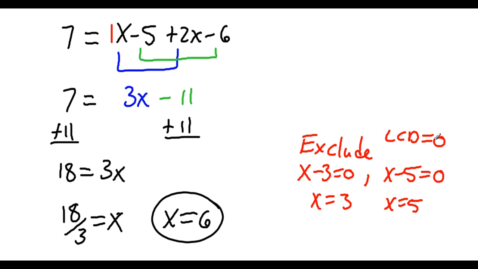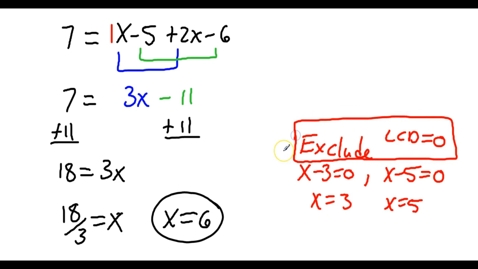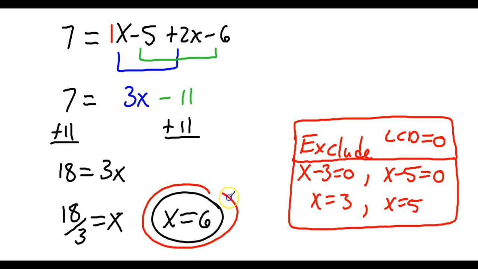We said you could go back and plug this number back in and check it. The easier way to do it is whatever the least common denominator was, you had to exclude that equal to 0. So we had to exclude x equals 3 and x equals 5. x equals 6 was good. So that answer stands, and that's all we needed.